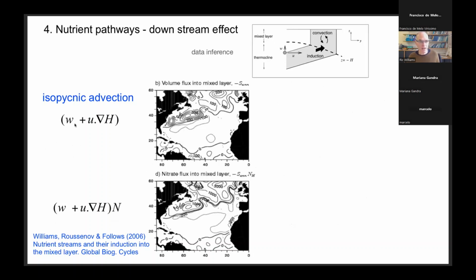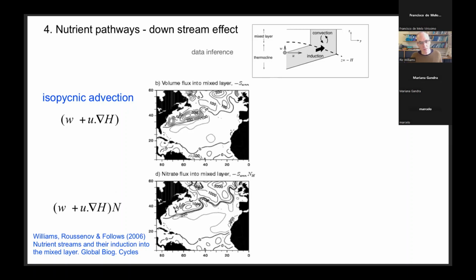This is showing the advection of volume, where positive values represent a transfer into the winter mixed layer. And so we can see positive values over the Gulf Stream and the subpolar gyre. So fluids being transferred from the thermocline into the interior.